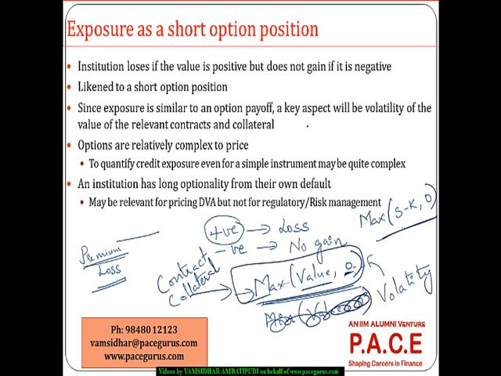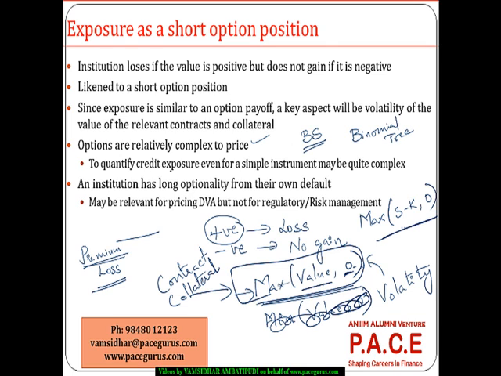So exposure can very well be looked at as an option position. And we know that options are very complex to price. We have some pricing formulas like the Black-Scholes formula or the binomial tree, but they are really complex to price.